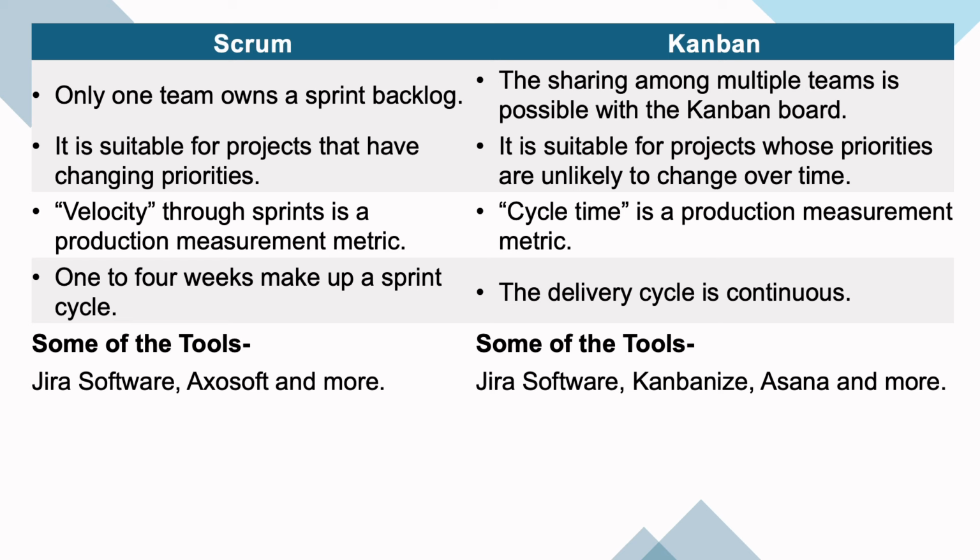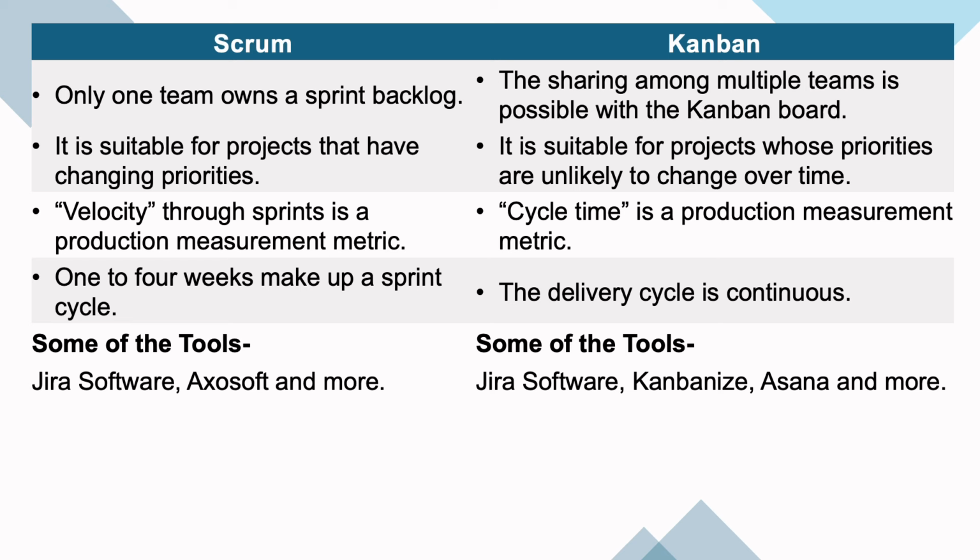But Kanban is suitable for projects whose priorities are unlikely to change over time, because the stages are assigned on a Kanban board, and no particular team member is assigned as the product owner. The manager assigns the task based on the technical skills or the profile of the team that he has.